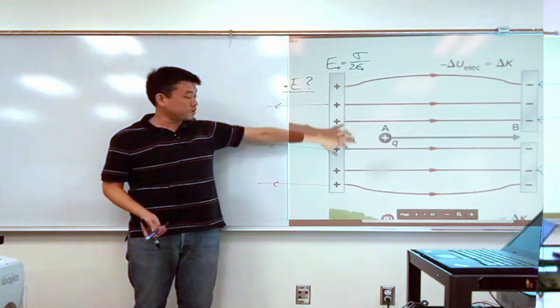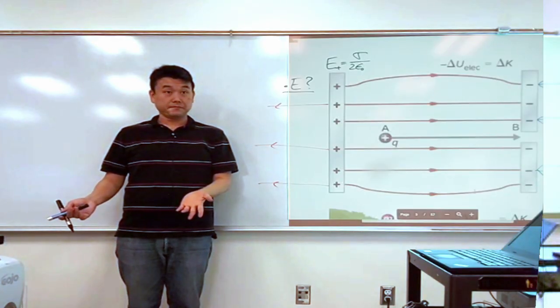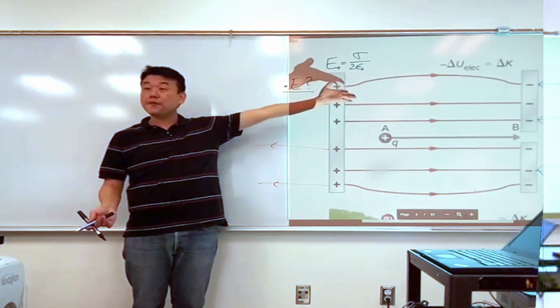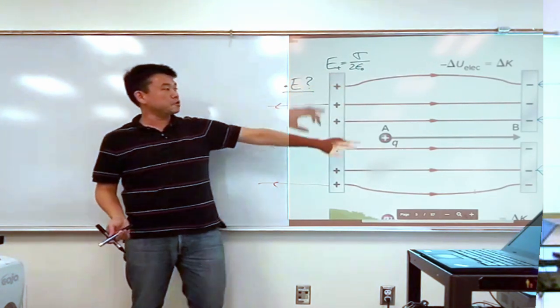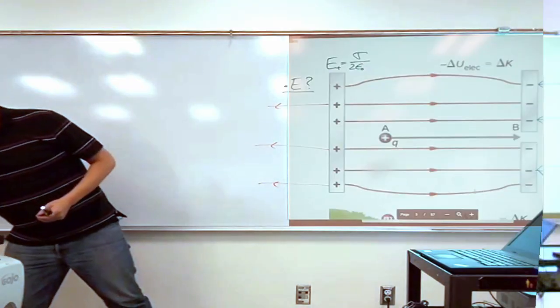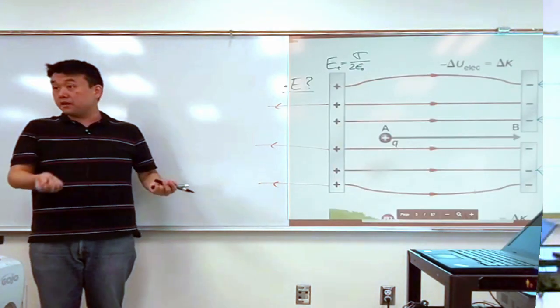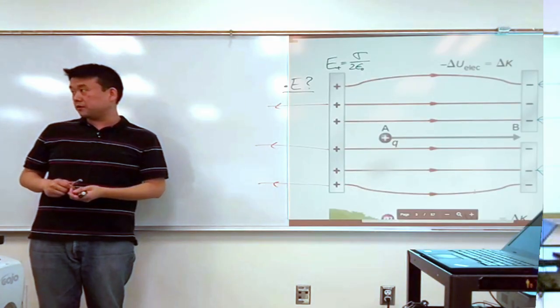Are these the only charges in the system, or are there other charges in the system? Yeah, there's the negative charges there. It's farther away, but it's still there. So you have two sources, positive plate and negative plate, that can be generating electric field. This is where the superposition principle comes in.